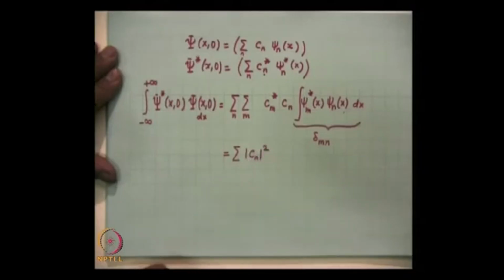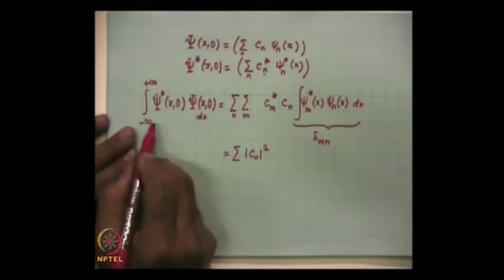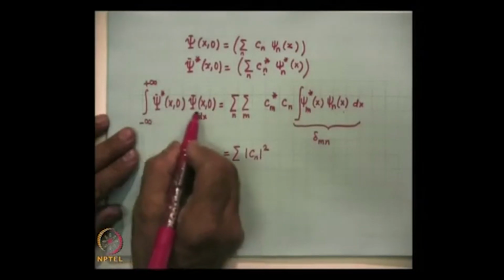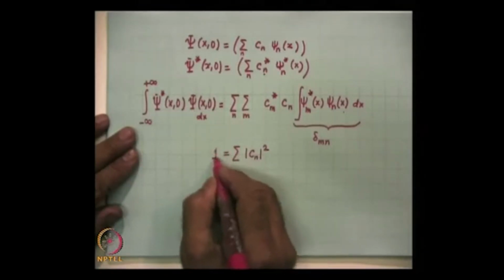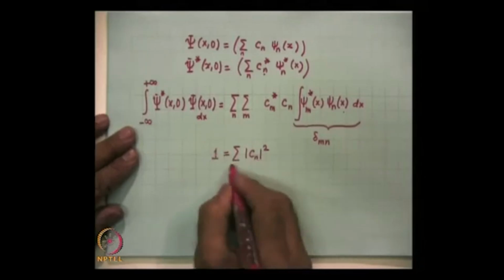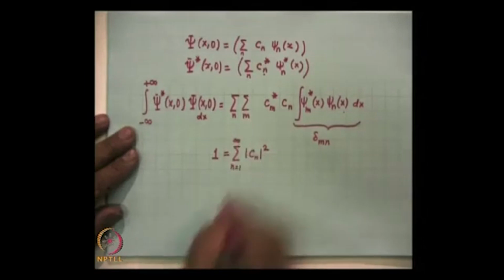Therefore, if initially I choose a wave function which is normalized, then the sum of mod C n squared over n equal to 1, 2, 3 and so on is 1.